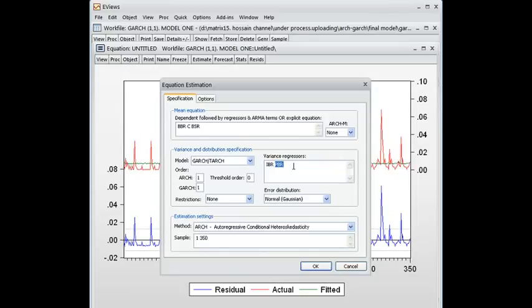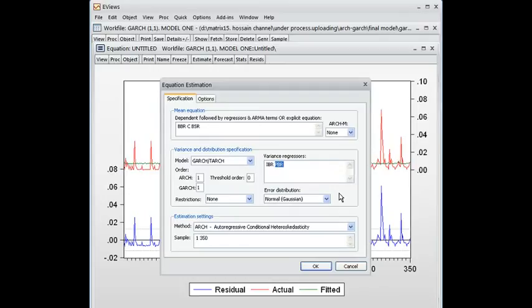So our GARCH model is set, but last time I told you that the error distribution can be three types. One is normal Gaussian distribution. Second one is the GED distribution, and the third one is student T distribution.